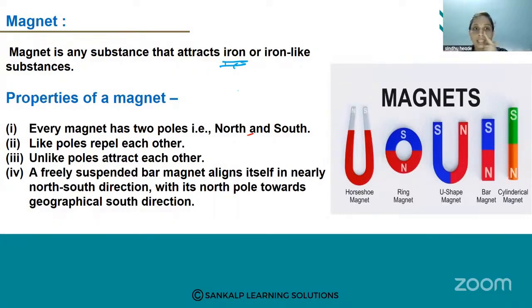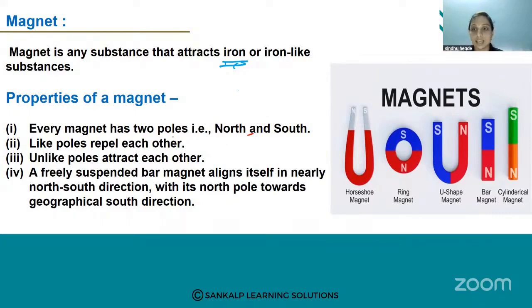What is a magnet? A magnet is a substance which has the property of attraction when it is close to iron or iron-like substances.